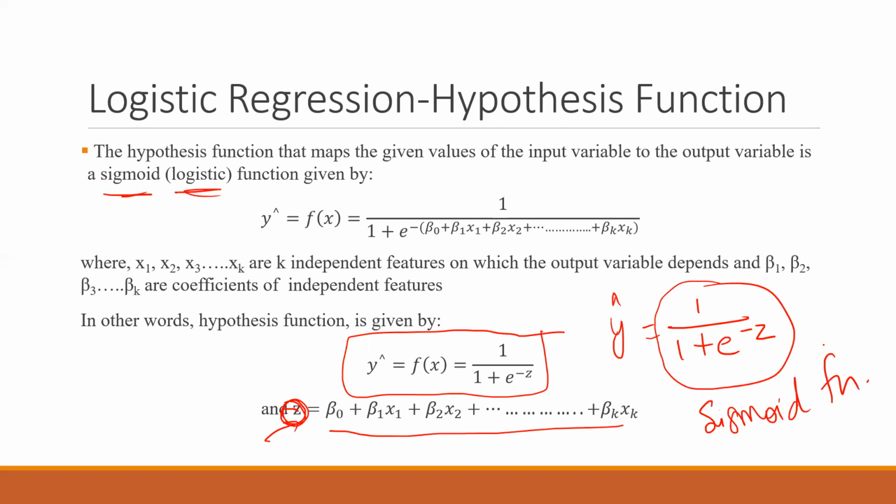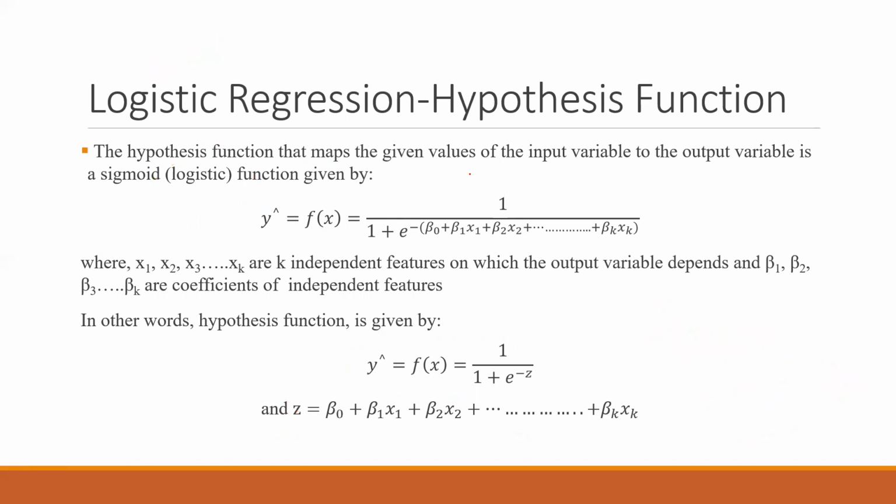Because the sigmoid also has the name logistic function, that's why this is called logistic regression. We are using a sigmoid function, but the sigmoid also has its name as logistic function, hence the name logistic regression. So the hypothesis function maps the given values of the input variable to the output variable.